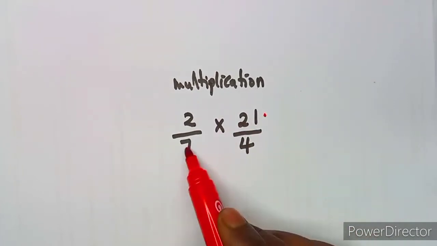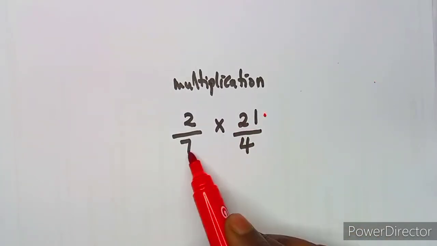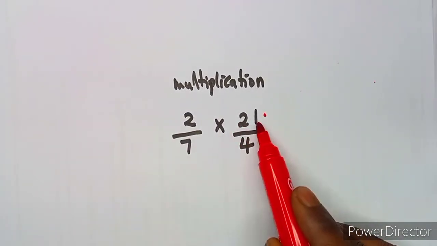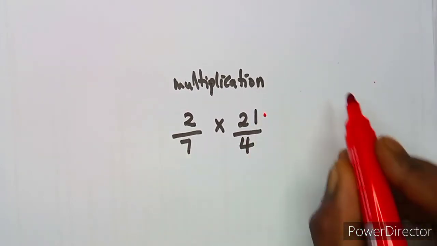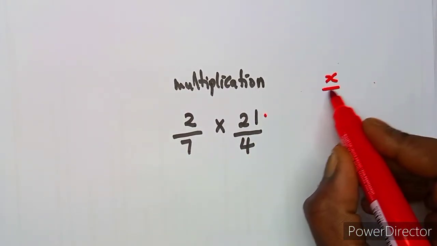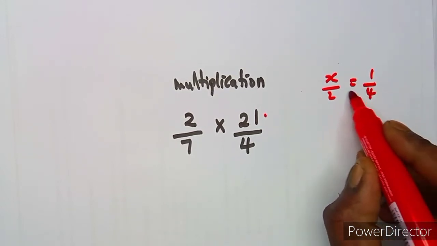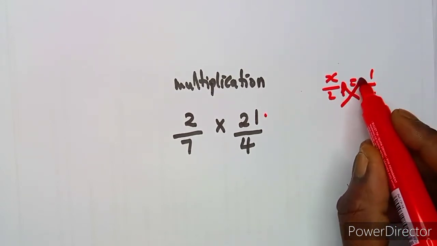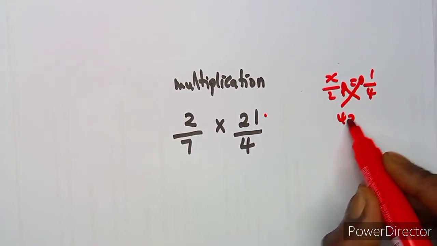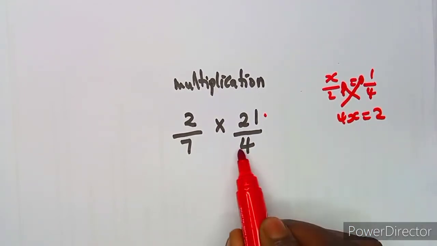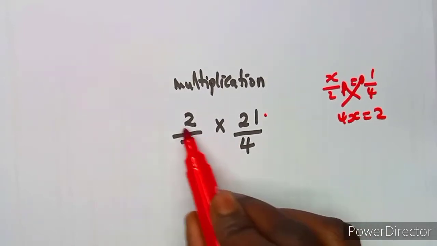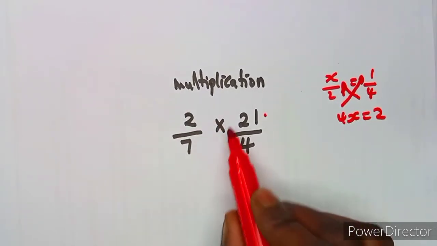between the numerator and denominator. Some say cross multiplication, but this is not cross multiplication because here we are dividing. Cross multiplication is on an equation like this, where we have 1/4 and you cross multiply. Here there is no cross multiplication because there is no equal sign.